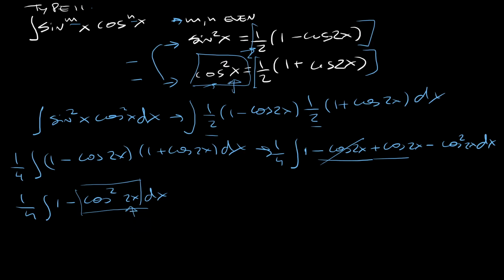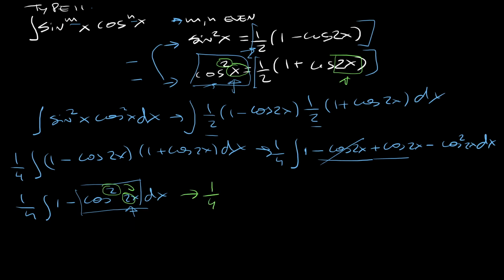You have x here and you have 2, and you have 2x here. The square is the same, but now we have 2 here. So what's going to happen is that inside, this part is going to be 4x. So we're going to have this expression.